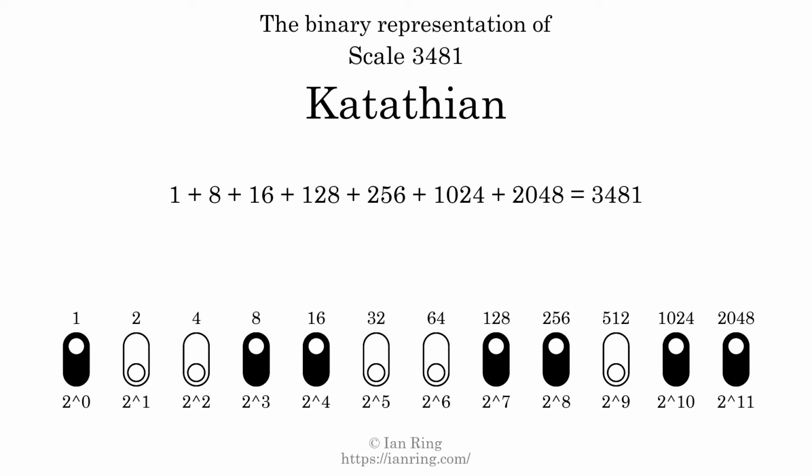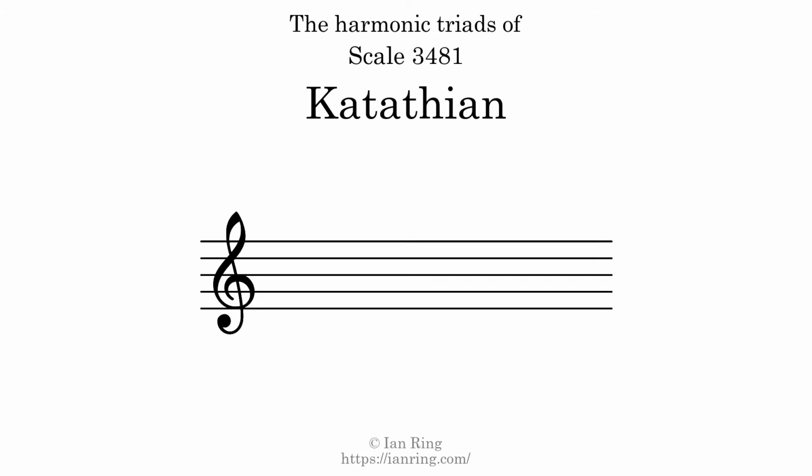That is why the scale number, in decimal, is 3481. The scale number not only enumerates the scale with a unique index, but it also literally describes the tonal content of the scale. Represented as a binary number in base 2, the scale number is 1101100110001. Here are the harmonic triads present in this scale.